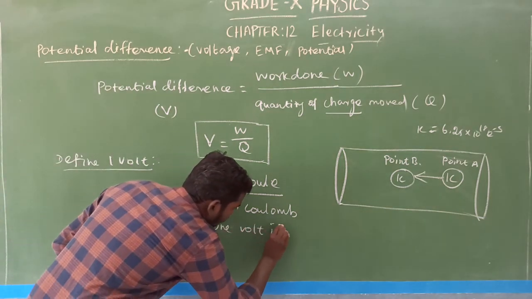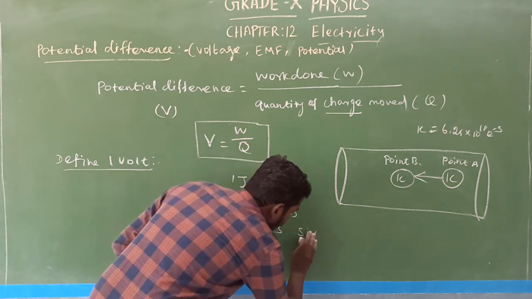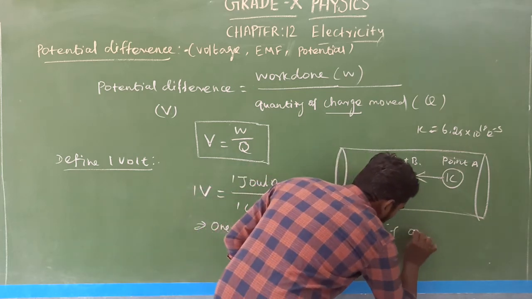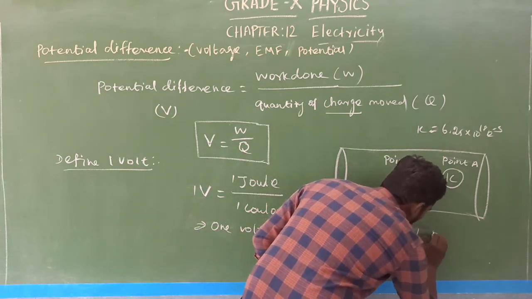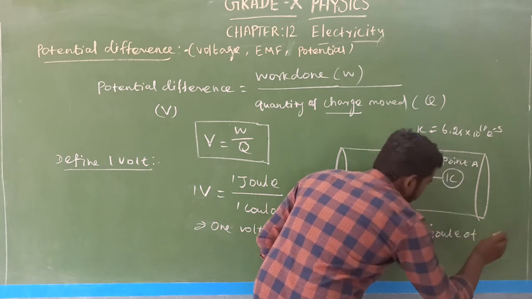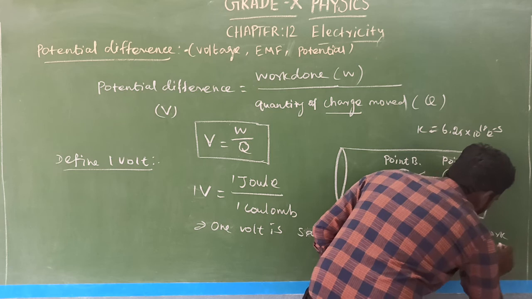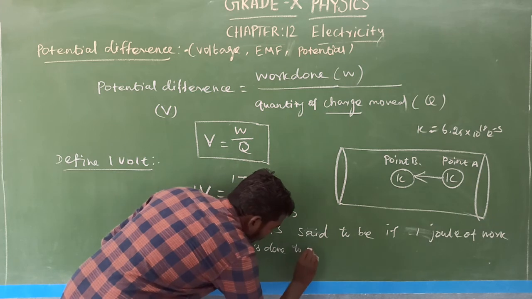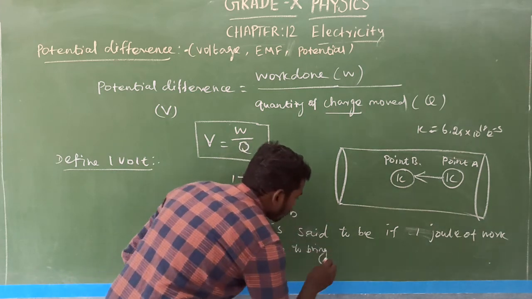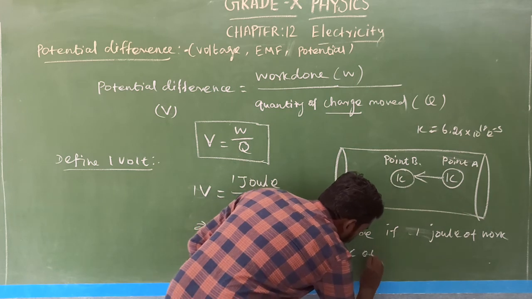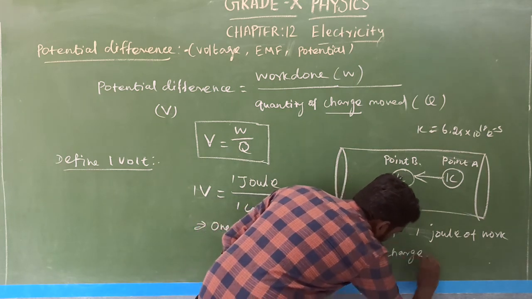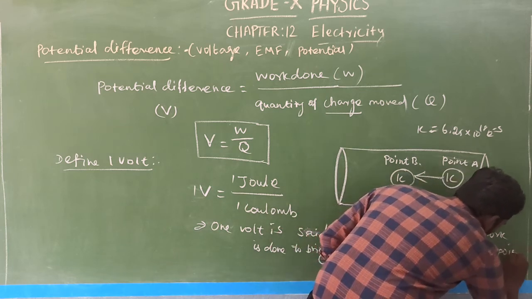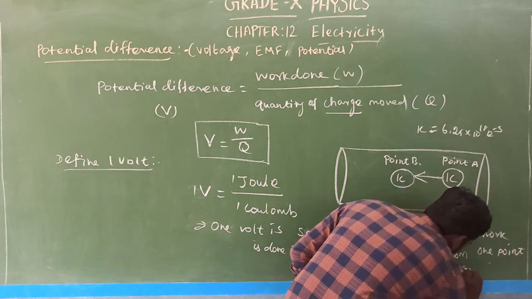1 volt is said to be if 1 joule of work is done to bring 1 coulomb of charge from one point to another point.